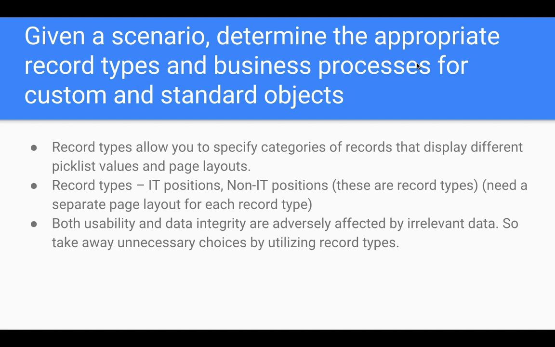And so we have different record types, and by using record types, you're able to really streamline your data. Let me give you an example of where this would be helpful. Say you have someone who is perhaps the CEO of an organization, but they may also sit on the board of a fundraising nonprofit.